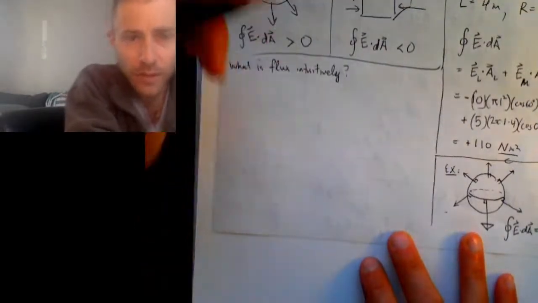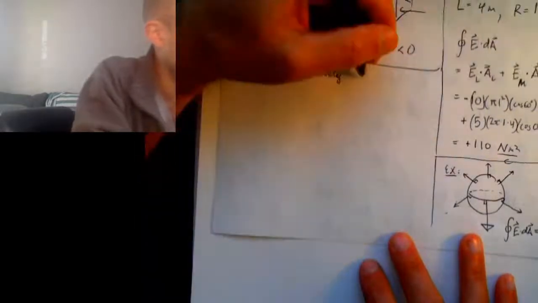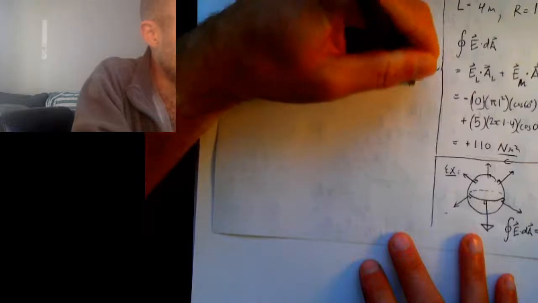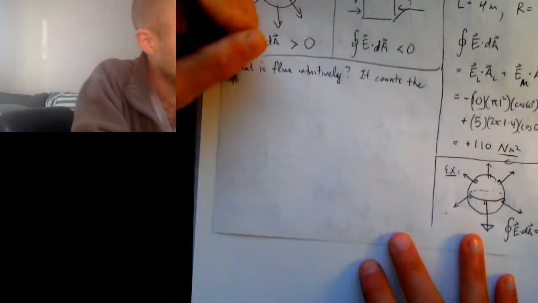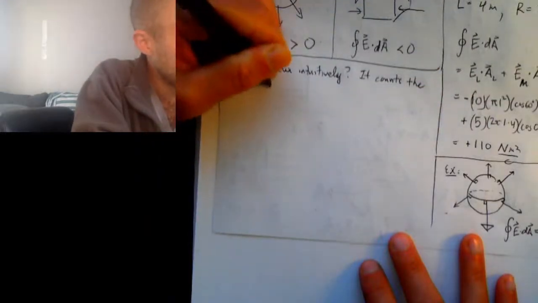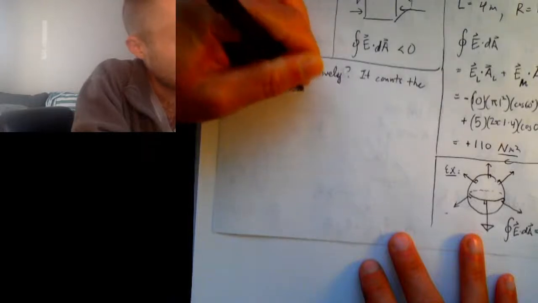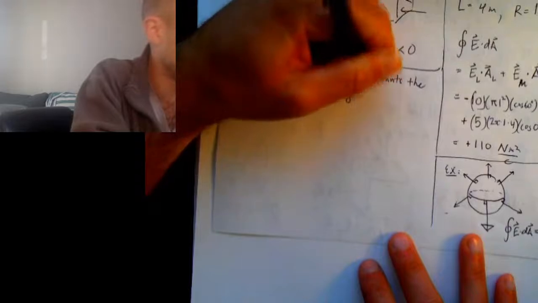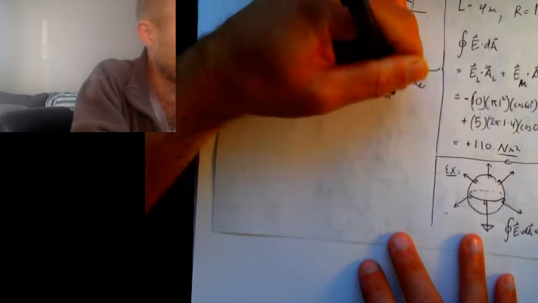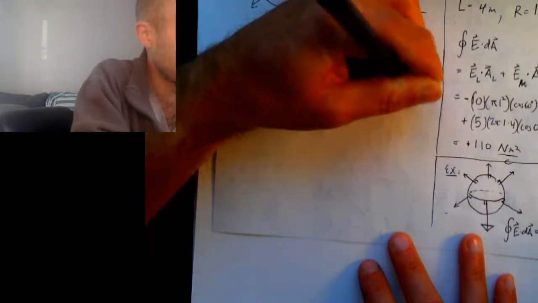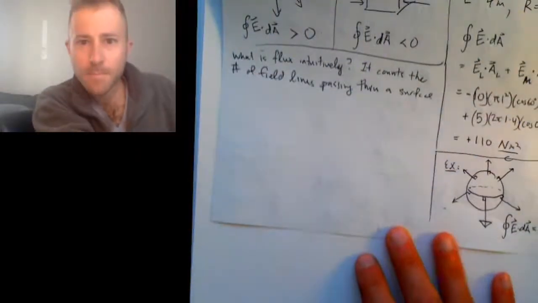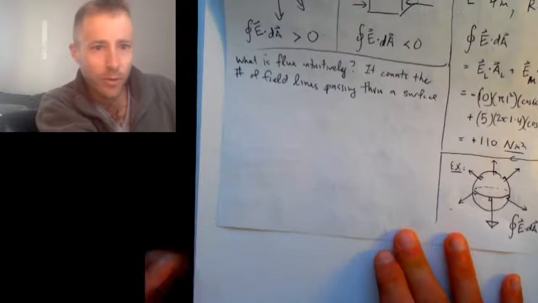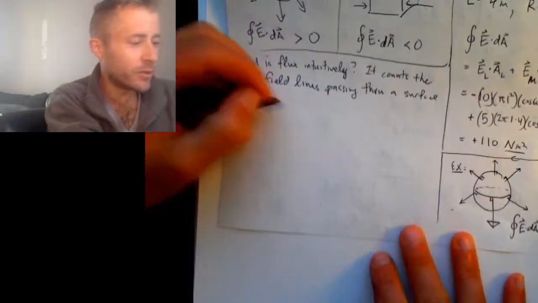Basically, flux counts the number of field lines passing through a surface. Okay? So that is what flux is doing intuitively.